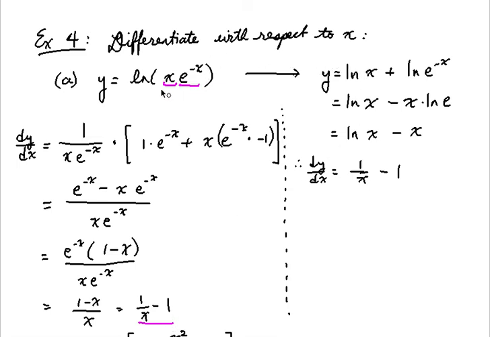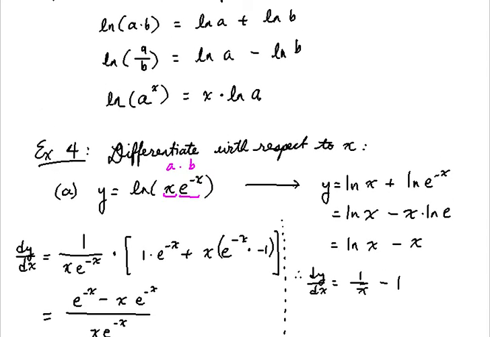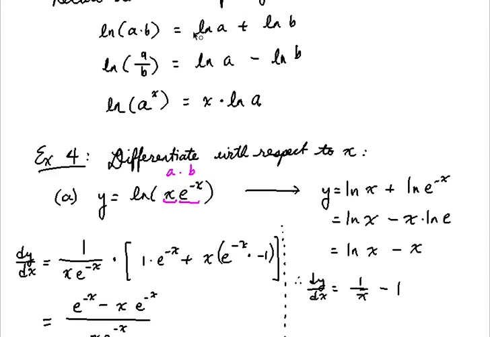But if I use my laws of logarithms, and I treat this like a and b, in this example I use this rule here, I can split this up into the sum of 2 logs. And so I end up with the natural log of x plus the natural log of e to the minus x.